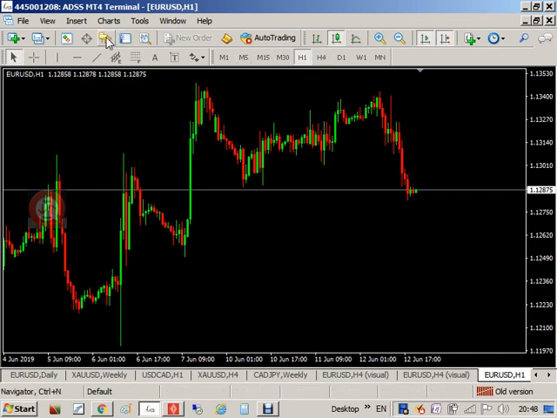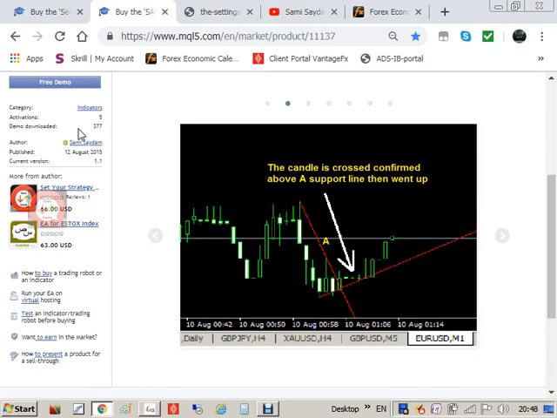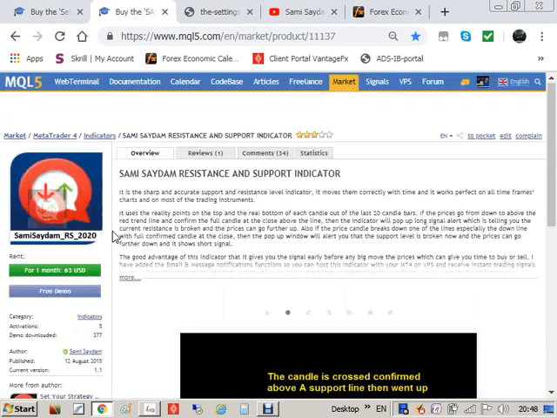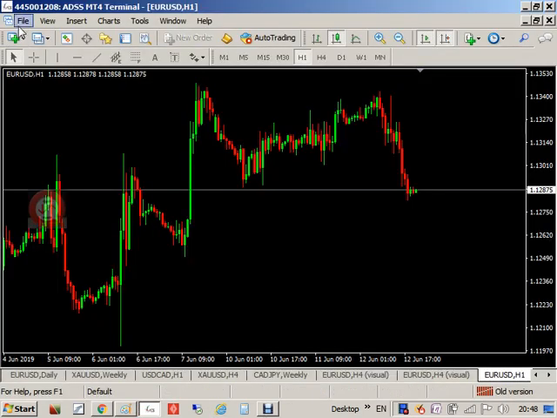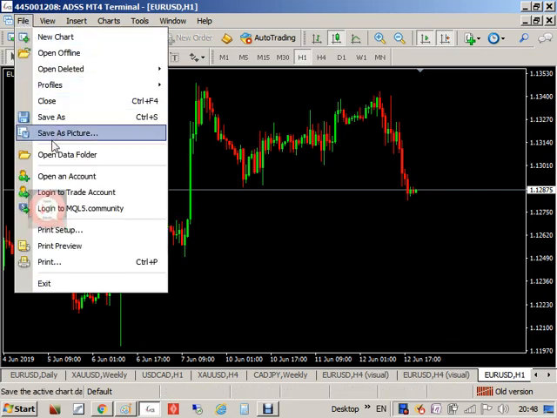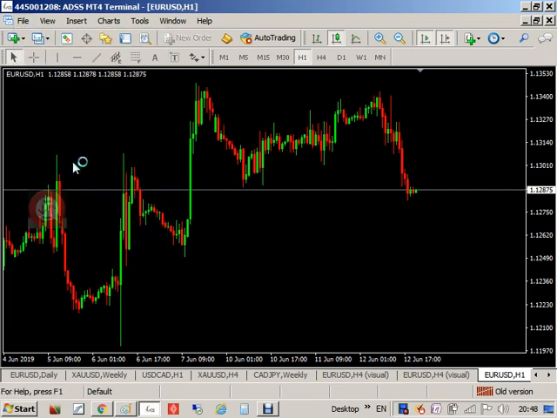and I already downloaded the indicator from the website here, and I put it on the desktop, and from the desktop I take it to File in the MT4, Open Data Folder.